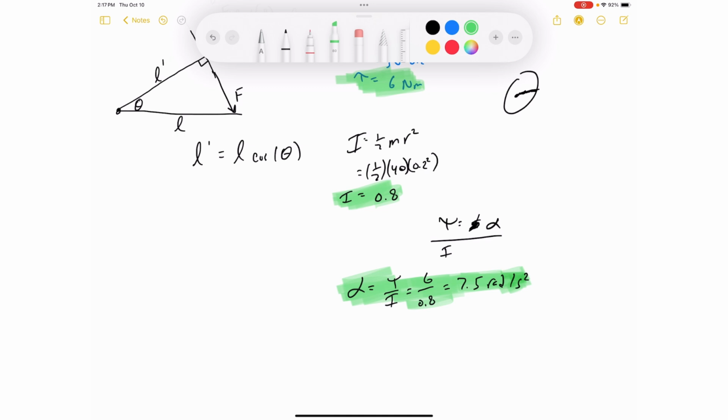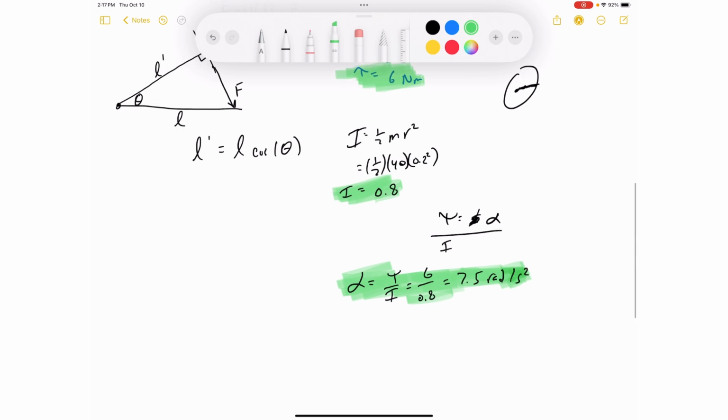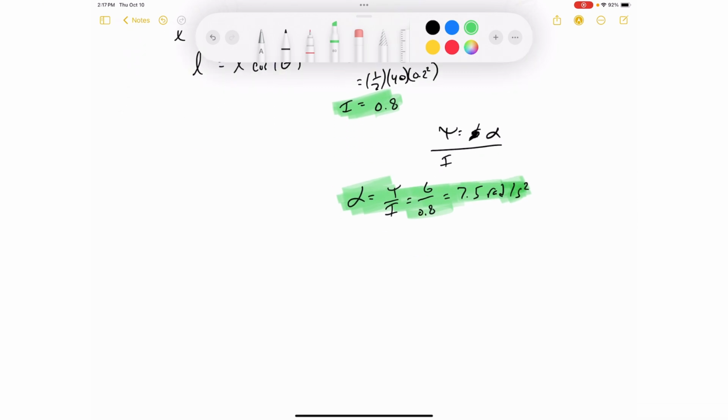So if you do the integral of angular acceleration with respect to time, you'll get angular velocity.